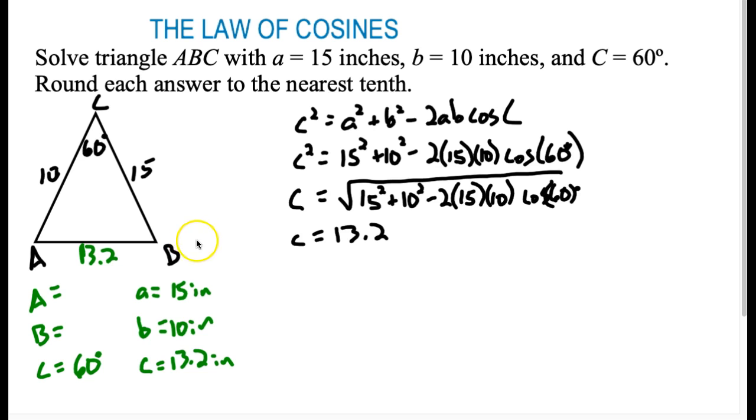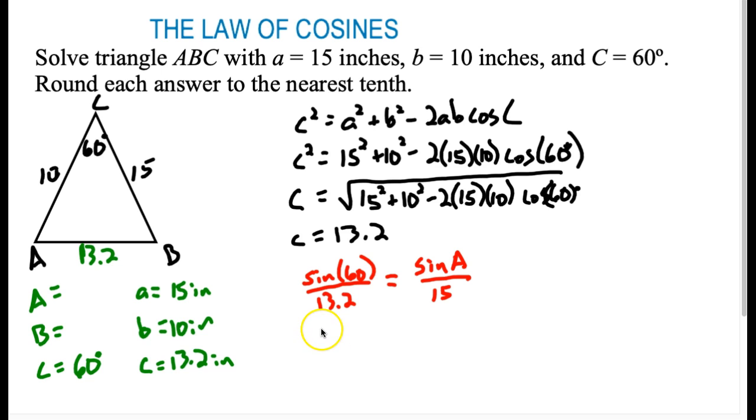Now we can set up a proportion using this pair of opposite pieces. We have an angle and its opposite side. So I can set this up saying the sine of 60 over its opposite side, 13.2, equals, now it doesn't matter whether I solve for angle A or angle B first, I'll solve for angle A. So we'll say the sine of angle A over its opposite side of 15.